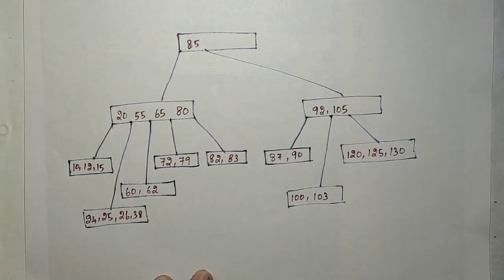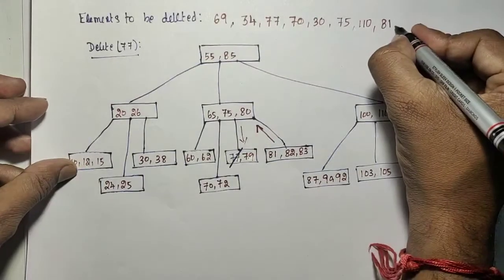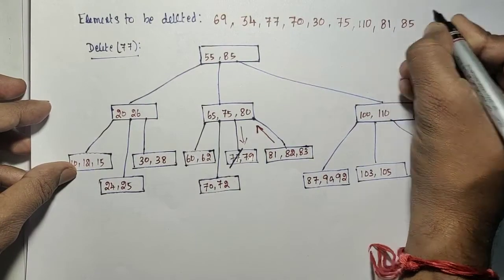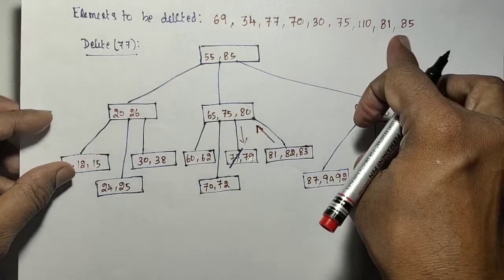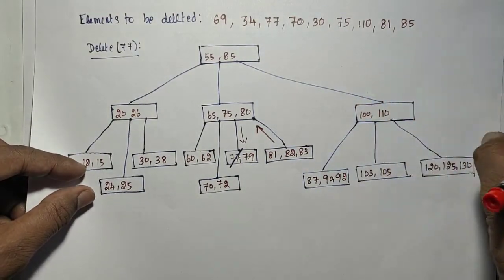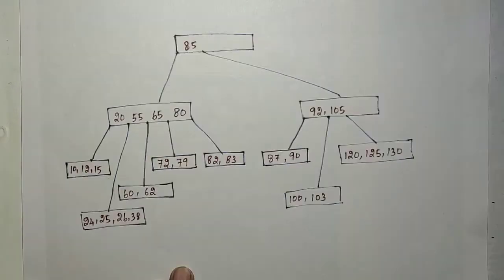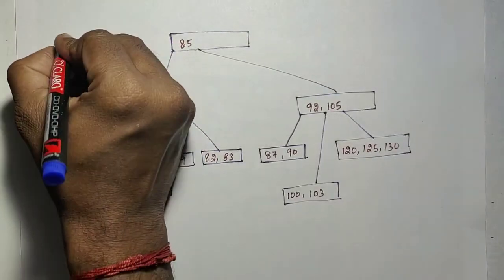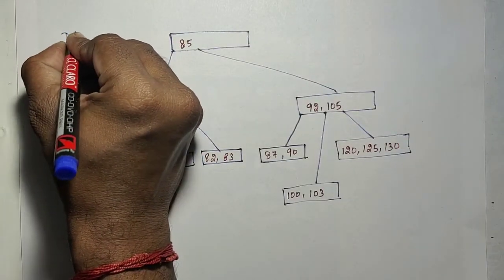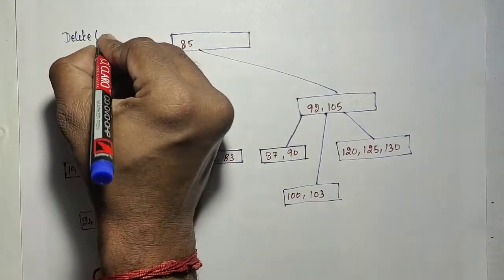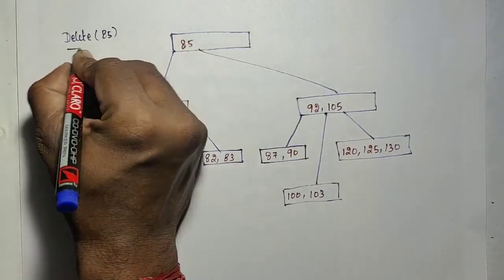So here the next deletion, the root node 85. Okay, so I want to delete 85.